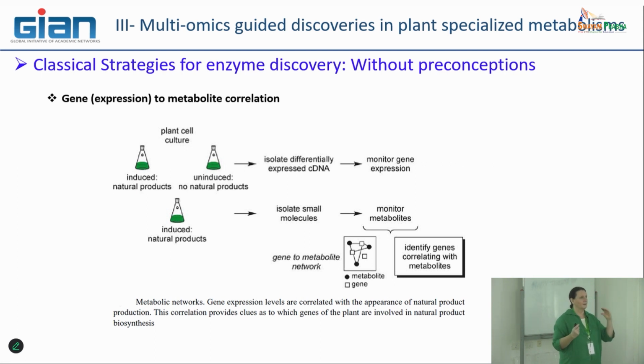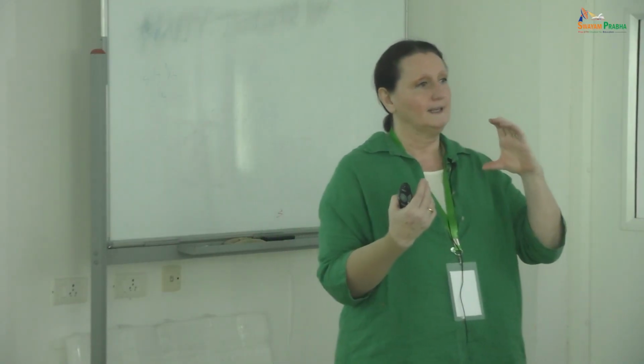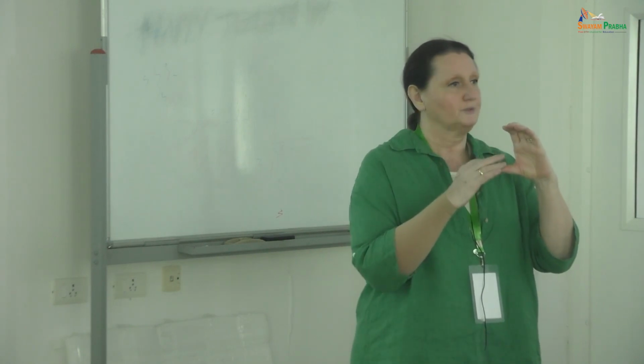And in this way, with some statistical analysis of your data, you can correlate the presence of several metabolites with the expression of several genes. And so you can have an idea of whether a gene could be involved in the metabolic pathway.